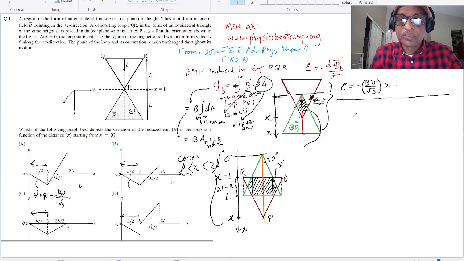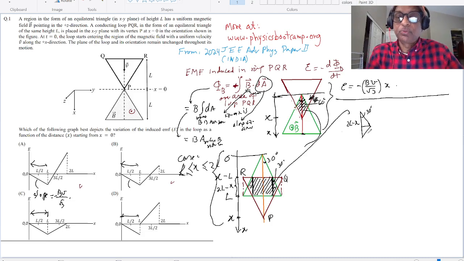So let's look at this triangle part here. Triangle part 2L minus x, and you have 30 degrees. Once again, I've got the same situation.